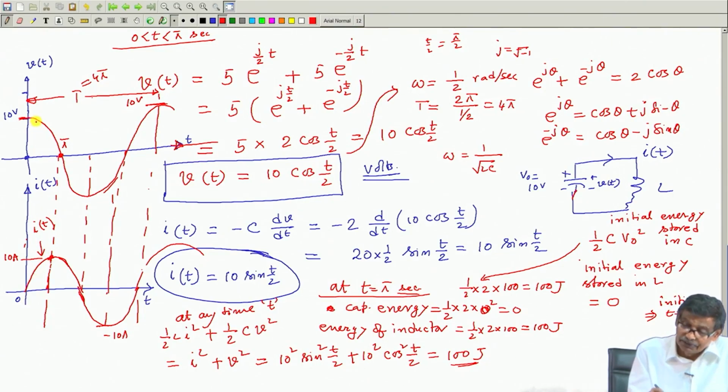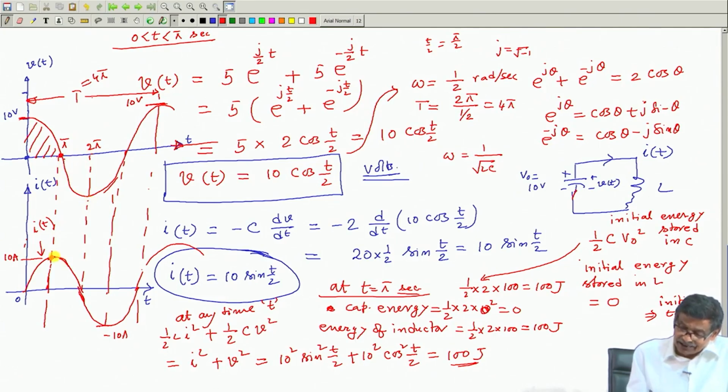You spent this much volt second to charge the inductor here, and the current rose from 0 to 10 ampere, positive volt second you have spent. This is also pi, no, 2 pi it will be. During this next pi second, you have applied negative voltage.